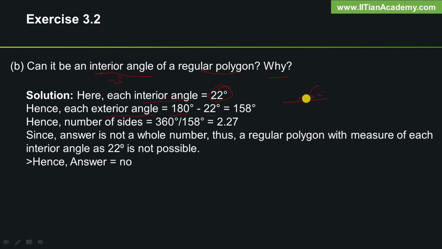Hence, number of sides equals 360 degrees divided by 158 degrees equals 2.27. Since the answer is not a whole number, a regular polygon with measure of each interior angle as 22° is not possible. Hence, the answer is no.